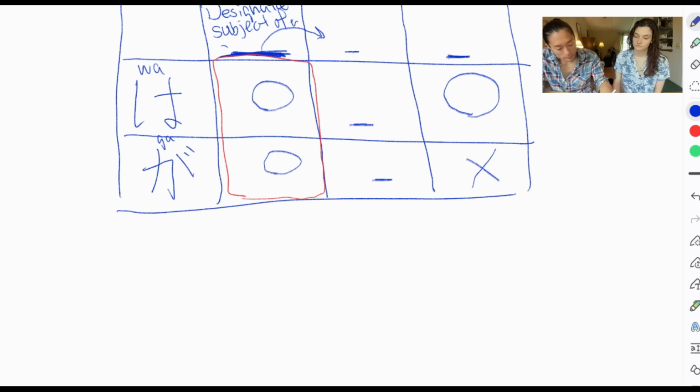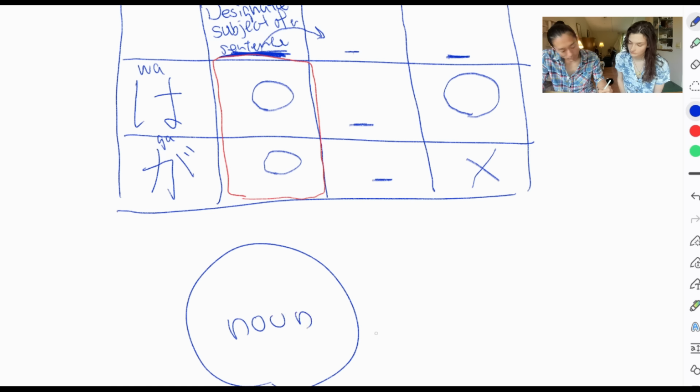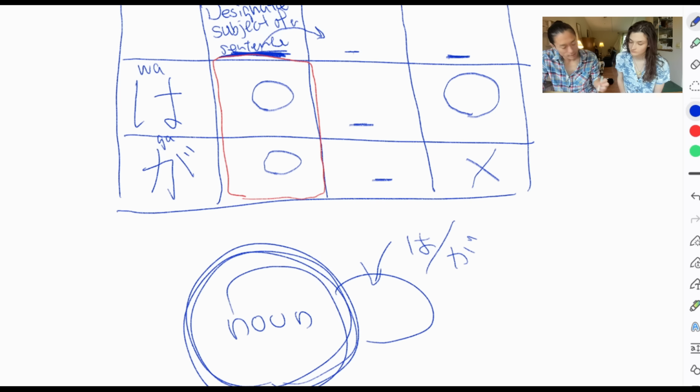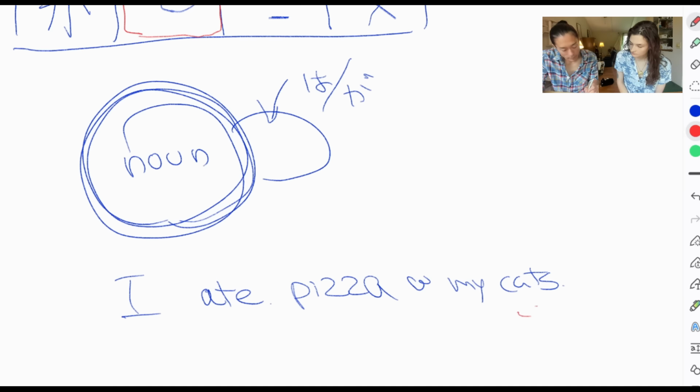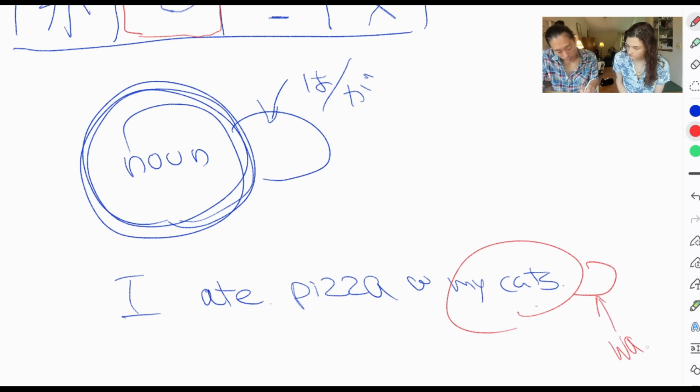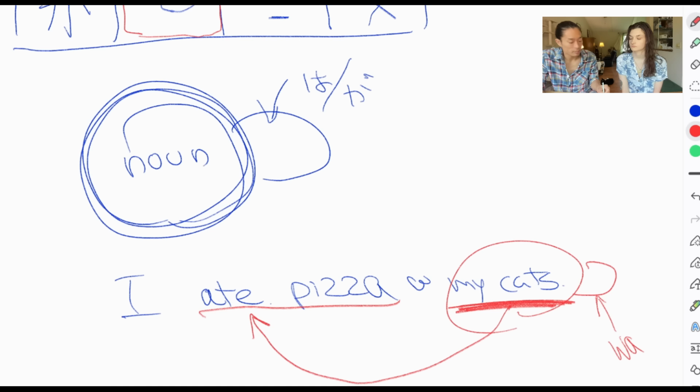of a sentence. Whatever noun you have, if you put either wa or ga, then you are making this noun the subject of the sentence. If we put wa here, then my cats are the subject of the sentence, meaning it's my cats who ate the pizza.